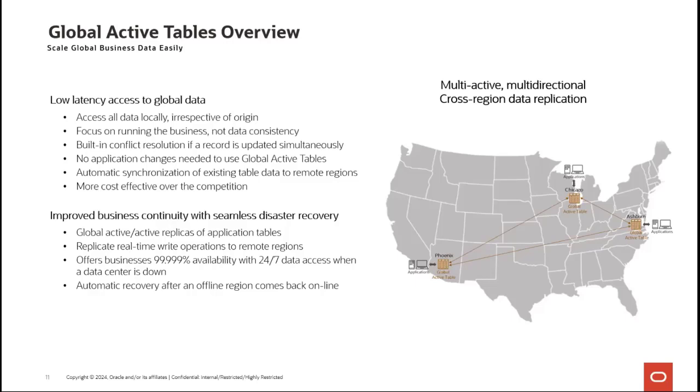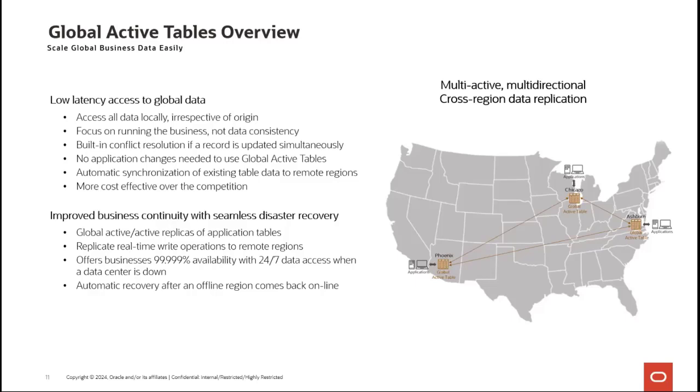We try to do all the replication in real time. When this is set up, you basically get 5 nines of availability, and you really get 24/7 access to your data. You get automatic recovery after a region comes back online, and that's fairly important. So let's say that something catastrophic happens in Chicago, and all of a sudden I have more changes that happen in Phoenix.